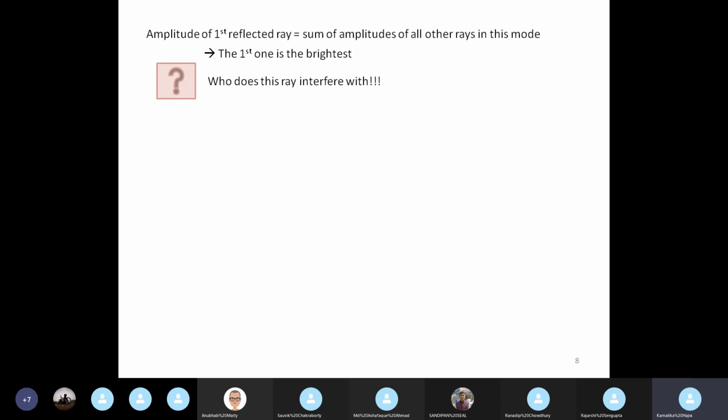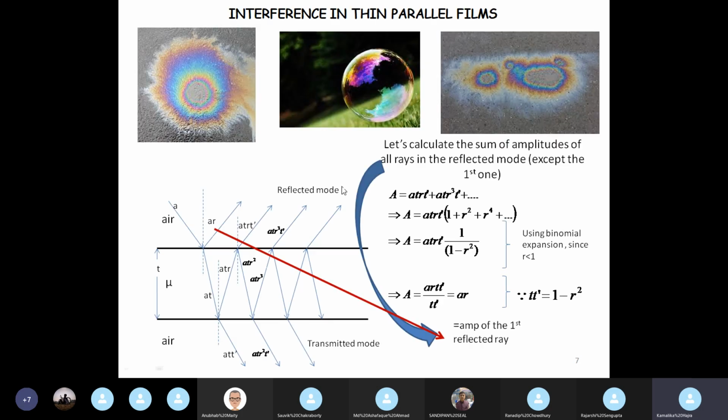So who does this ray interfere with? If the first ray is a very, very bright ray and all the rest of the rays, now if you look at this picture again, these are rays that are moving in a certain direction. So basically, if you consider wave fronts, then these are wave fronts moving in a certain direction, and then we can expect that interference will happen between these rays.